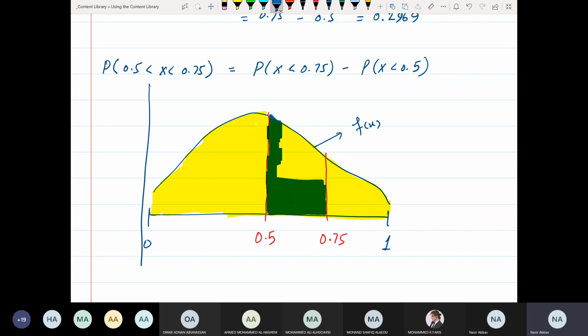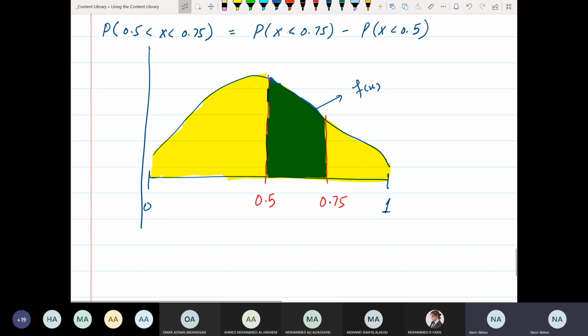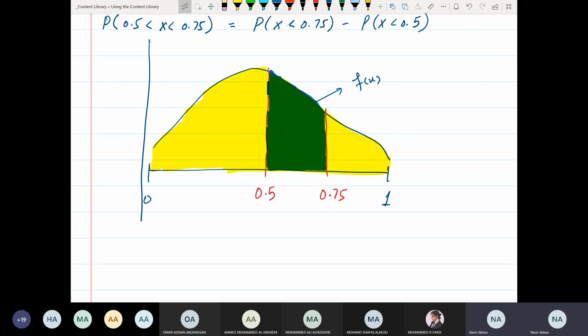You're interested in this area. That is the probability between 0.5 and 0.75. The area under the curve between 0.5 and 0.75, that is the probability of x between 0.5 and 0.75. This area is the probability of x between 0.5 and 0.75, the green highlighted area.